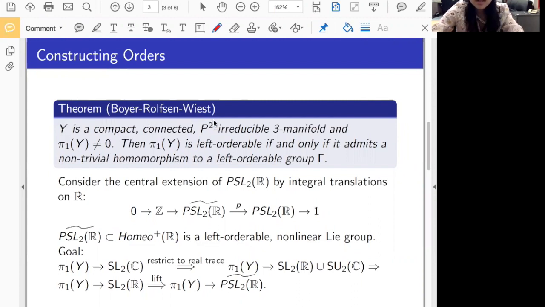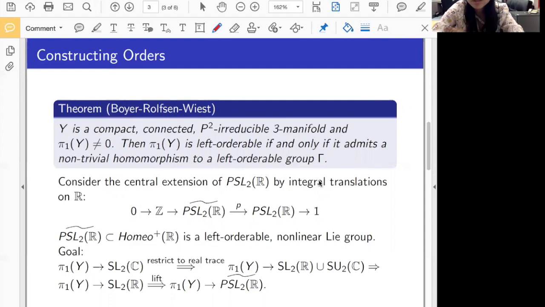It says that the fundamental group of a compact connected P2-irreducible three-manifold is left orderable if and only if there is a non-trivial homomorphism from the fundamental group to a left orderable group gamma. So as long as you can construct a non-trivial homomorphism from the fundamental group to a left orderable group gamma, then the fundamental group is left orderable.